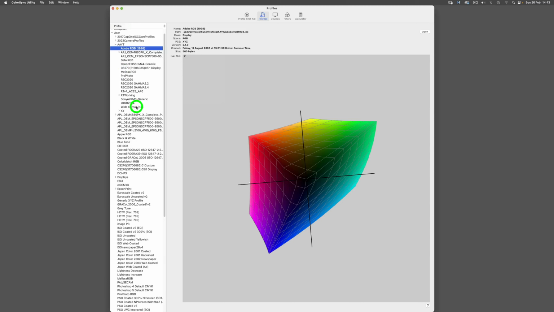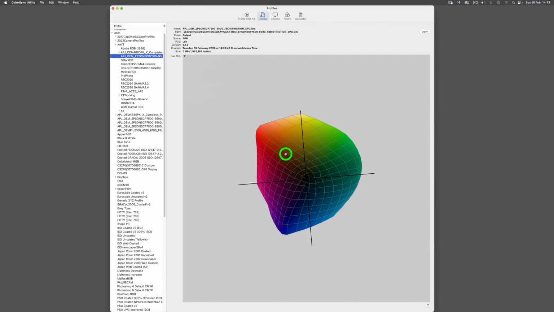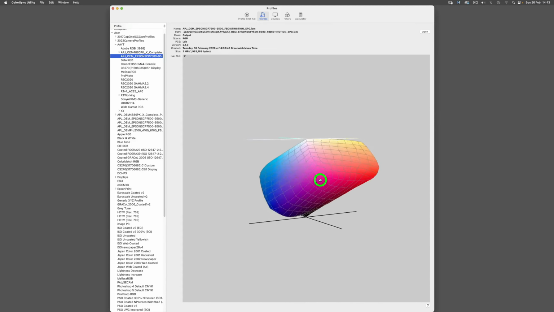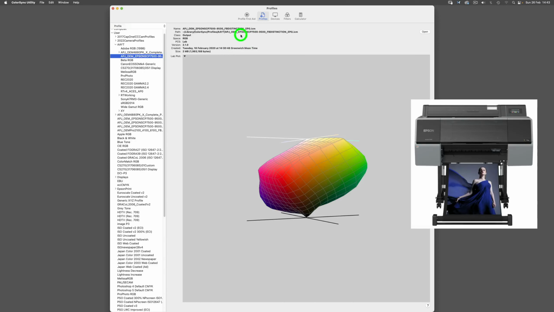And so what we need to do is to look at a printer profile or printer colour space, and I'm going to go a bit flash here, and I am going to look at or take into consideration this colour space here. Alright, which is for an Epson SCP-7500 to 9500 printer.